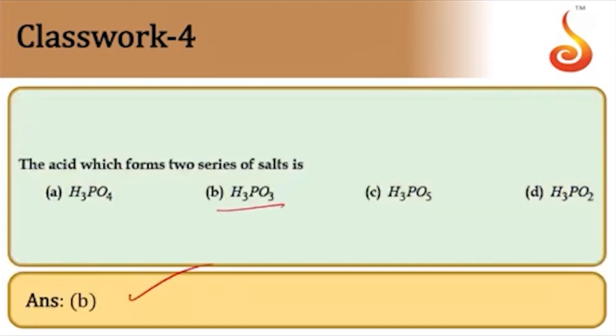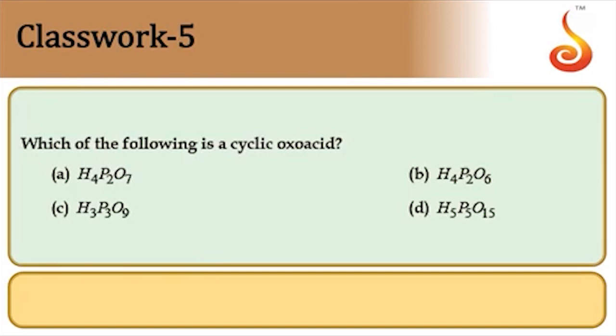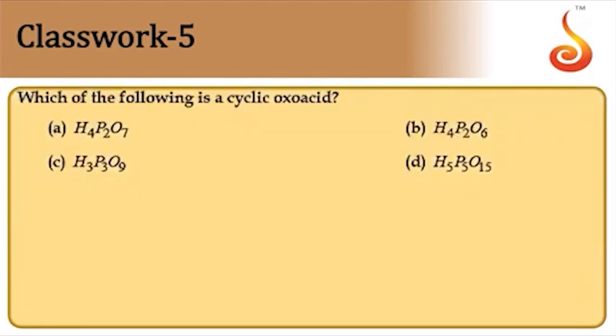Which of the following is a cyclic oxo acid? In oxyacids of phosphorus, metaphosphoric acid has a cyclic structure. When you take HPO3 thrice, you get H3P3O9. In the structure of H3P3O9, three phosphorus units are there.